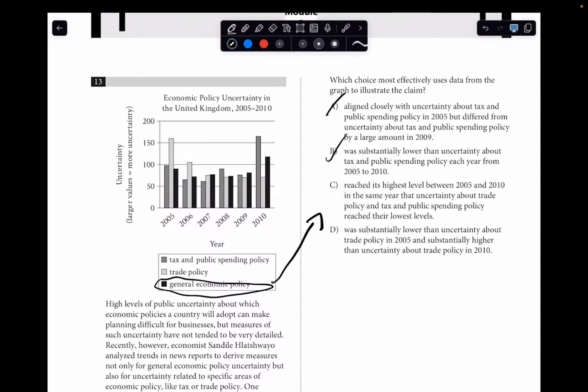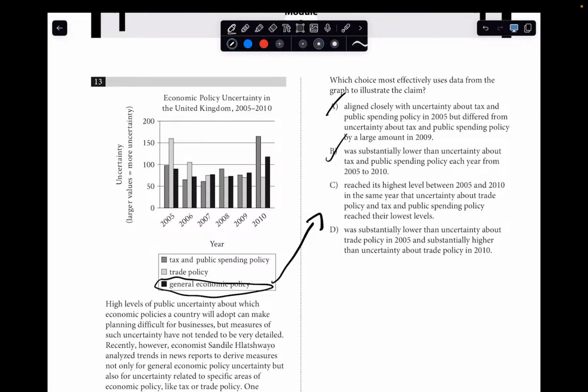C, reached its highest level in 2005 and 2010. So far, so good. In the same year that uncertainty about trade policy and tax public policy reached their lowest levels. No, that second part is not right.